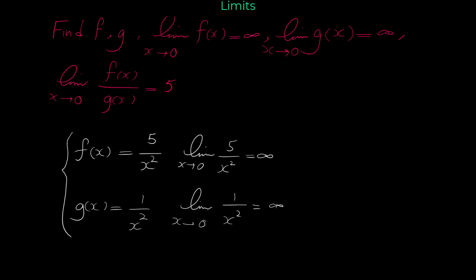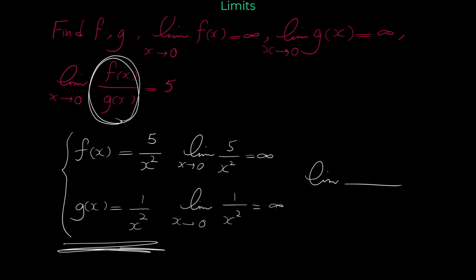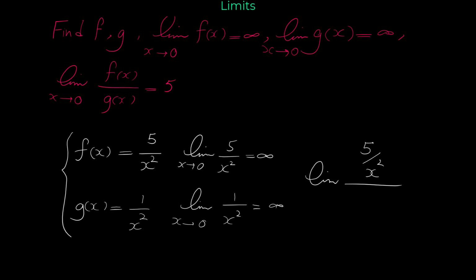But if you divide f by g, we want to see what is the limit of f over g, because the function that we choose here should satisfy this condition also. Let's check it. f of x is 5 over x to the 2. g of x is 1 over x to the 2 as x approaches 0. If you simplify this, simply let me write down here 5 over x to the 2 times the reciprocal of this, which is x to the 2 over 1.